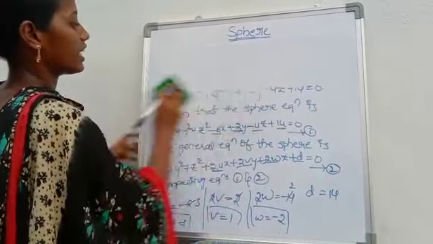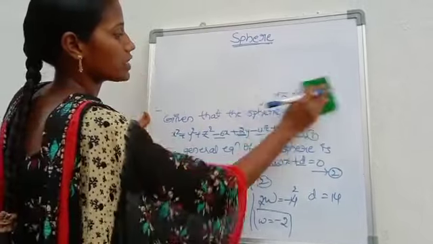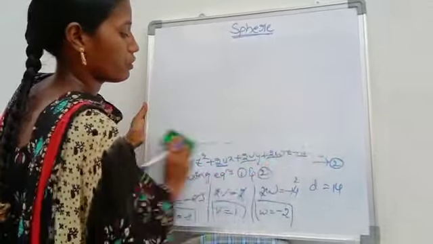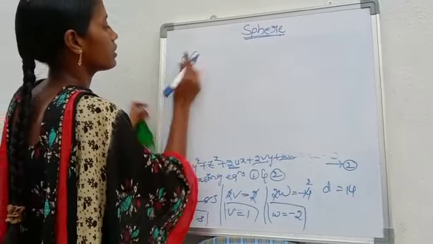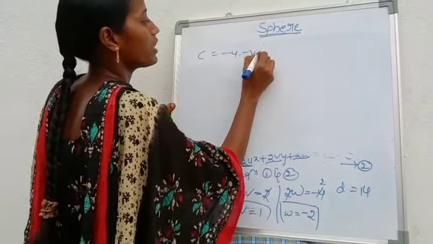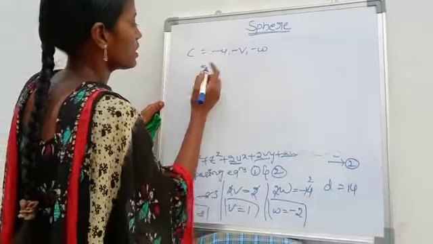Here what they are asking is to find the center and radius of the sphere. We know the center C equals (minus u, minus v, minus w). We substitute these u, v, w values in this.